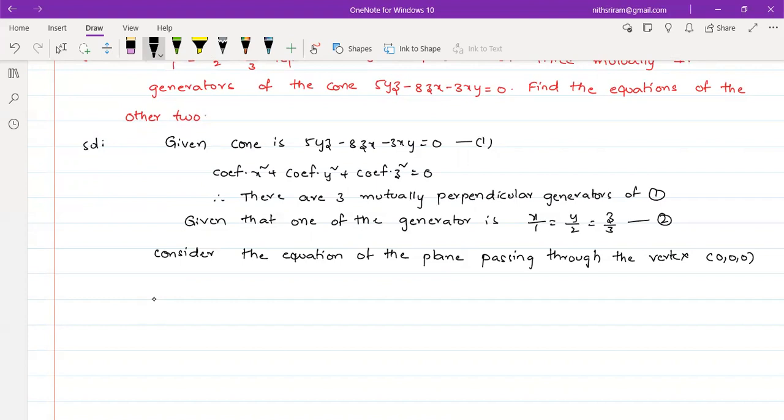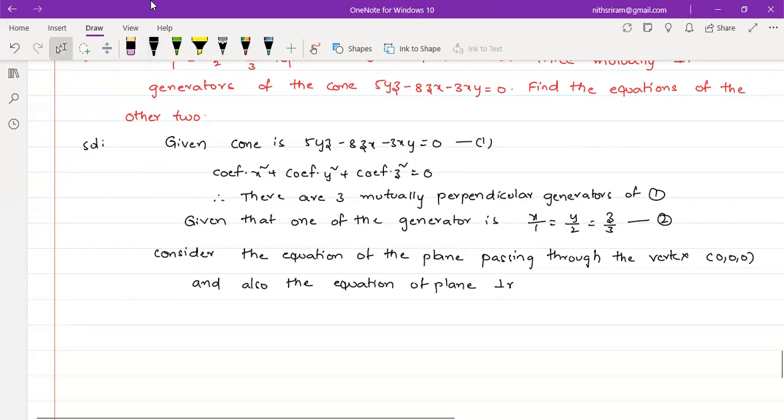Now I am considering the equation of the plane passing through the vertex 0 comma 0 comma 0 and also perpendicular to equation 2.